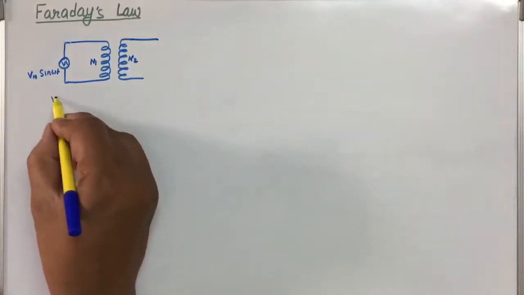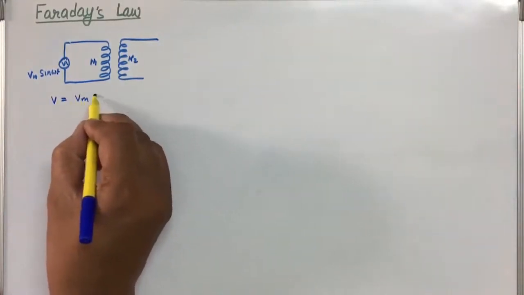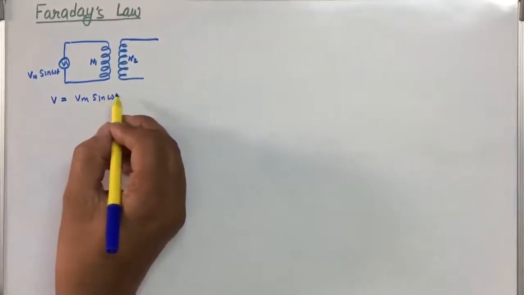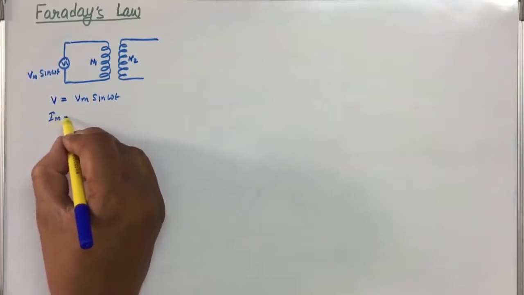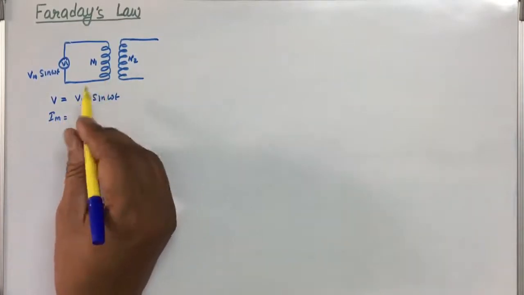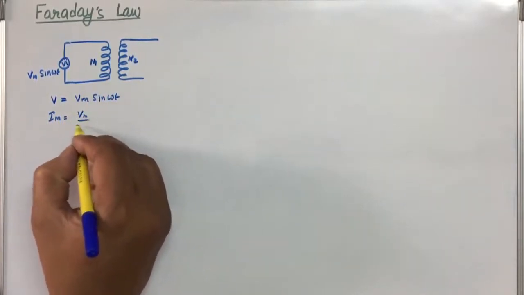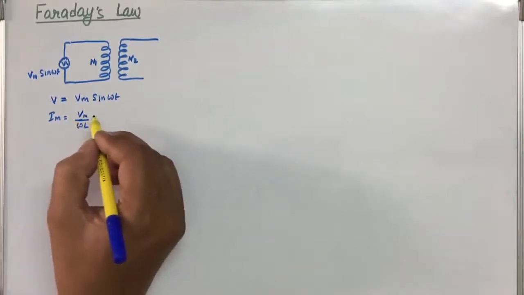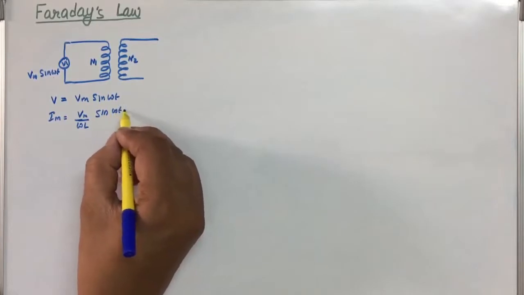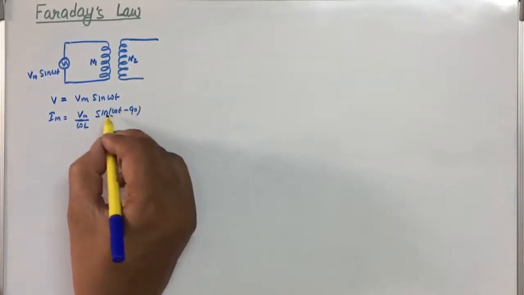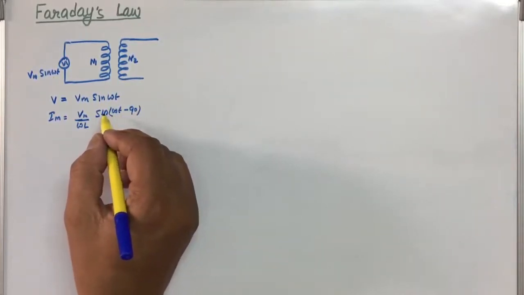So from here we can say V is equal to Vm sine omega t, and the corresponding Im can be written as, since it is inductive, Vm by omega times the inductance, sine omega t minus 90 degree, as it is considered pure inductive.